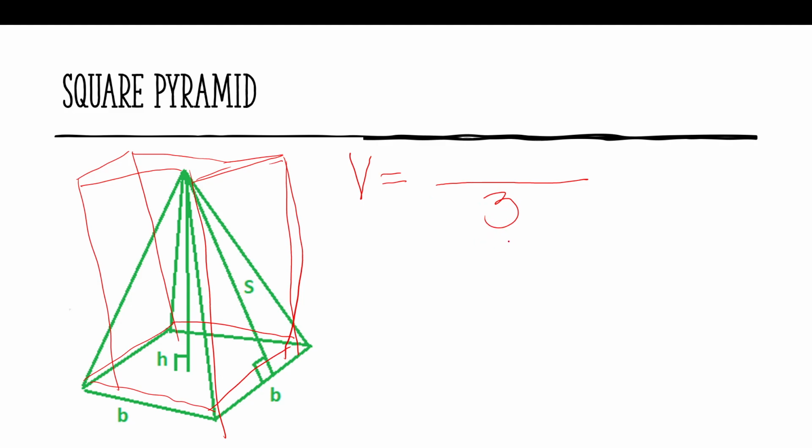Kasi according po sa calculations, in actual calculations, ang isang square pyramid ay isasakluban ng isang rectangular prism na kasing taas niya at kasing lapad niya at kasing kapal niya ay thirds ng sukat ang makukuha. So, divided by 3 na po. Now, ganun pa rin ang magiging formula.